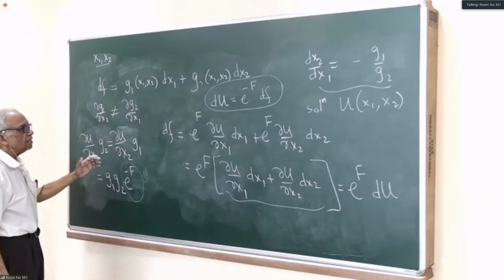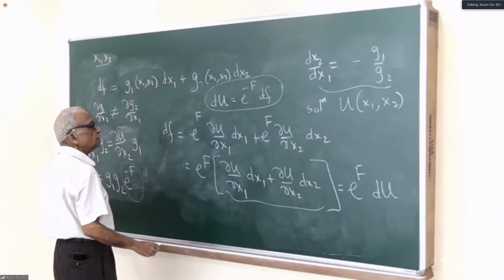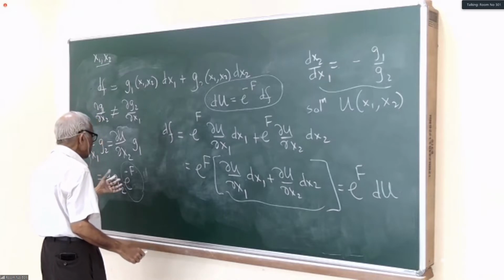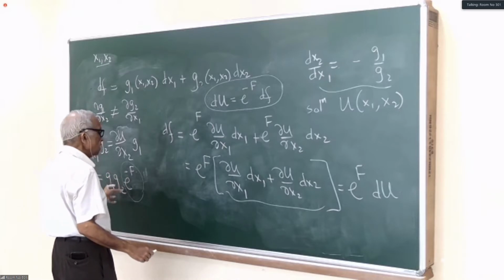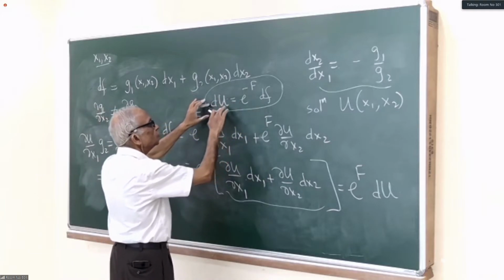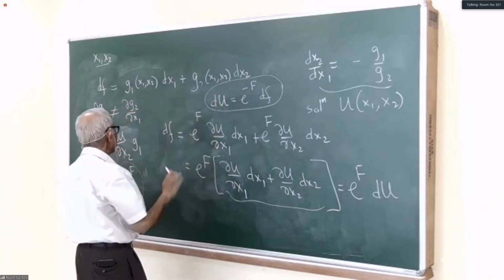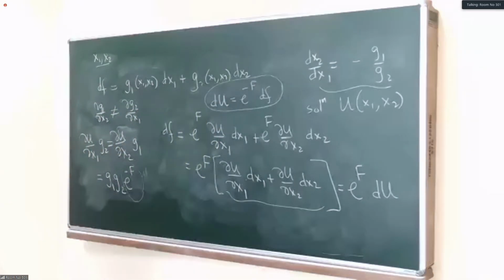And that f has the property that this e to the power minus f, when multiplied by df, gives me a perfect differential. So this is the trick for constructing perfect differentials.